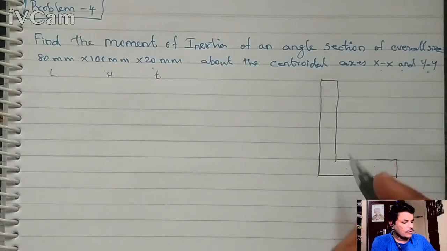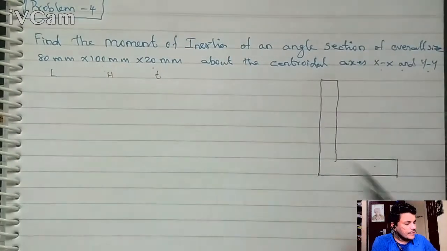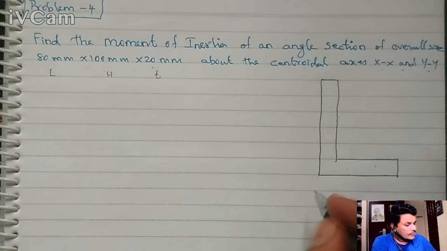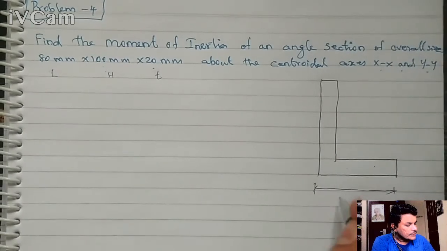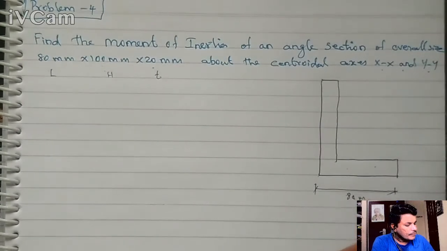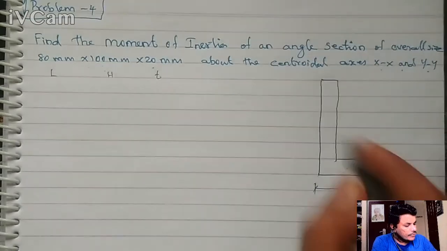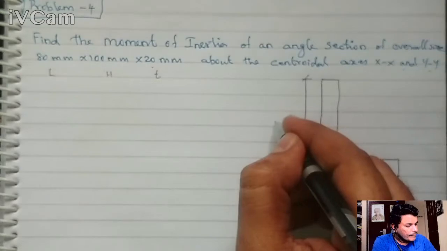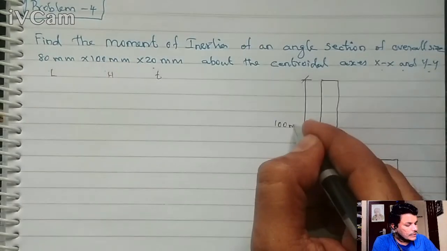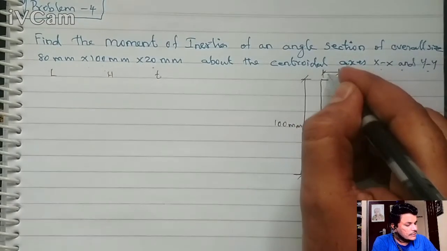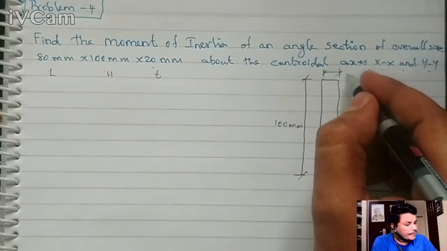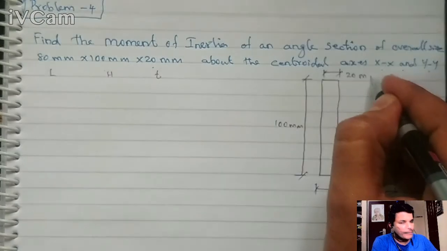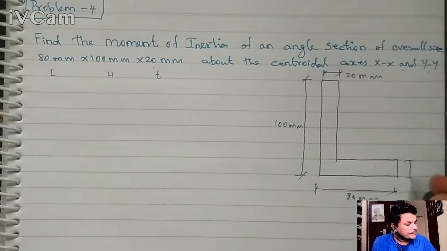Okay, so according to this dimension, this is 80 mm, this is 80 mm, this is 100 mm, and the thickness of the leg is 20 mm. This is also 20 mm.